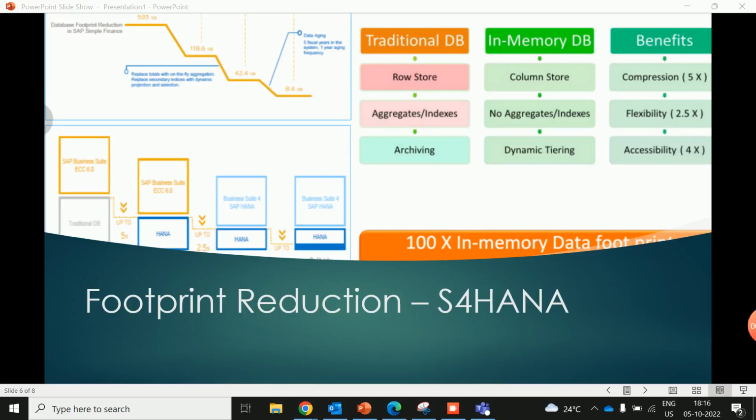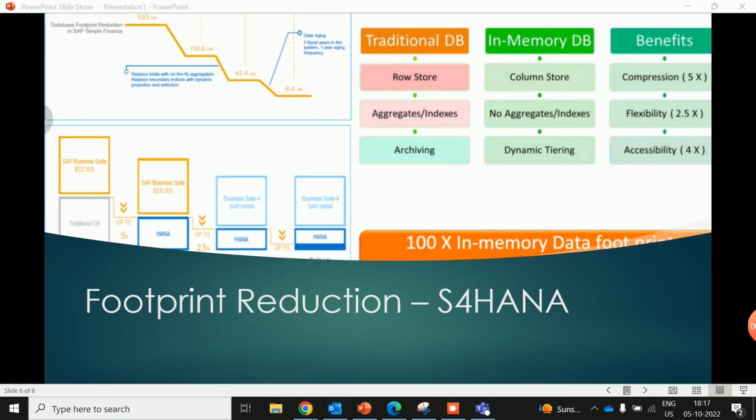Again, after moving this data on S4 HANA, again we have achieved more than 80% of data reduction, that is 42 GB data size only remaining. And again, after we apply dynamic tiering, I will let you know what is meant by dynamic tiering.